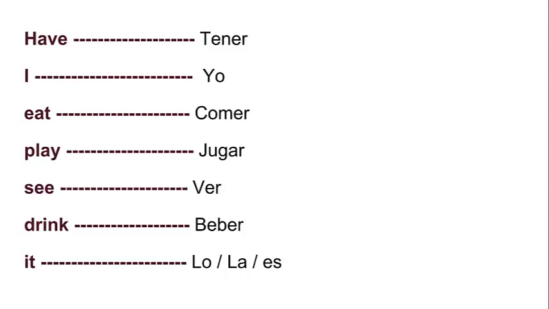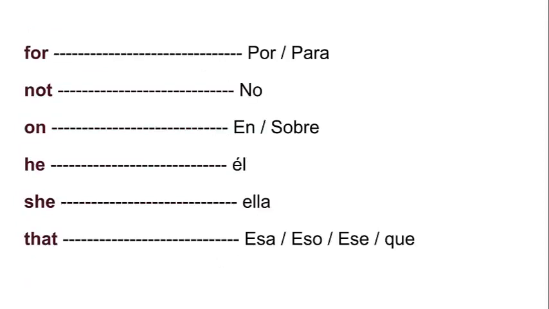I, yo. Eat, comer. Play, jugar. Remember that in Spanish all the verbs must be conjugated before using them. The next one, see, ver. Drink, beber. Eat, lo or la or es. For, por or para.